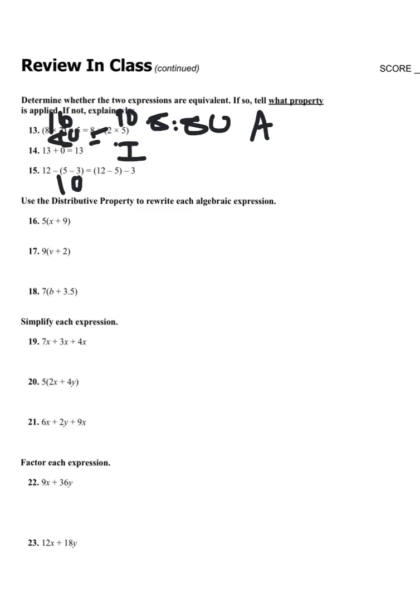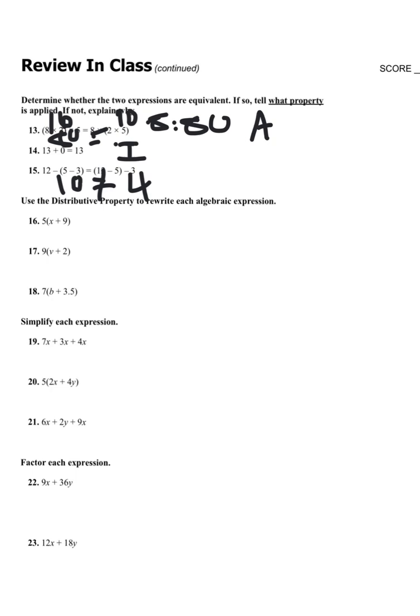So this side of the equation is 10, and then we'll look at the other one. 12 minus 5 first, because it's in parentheses, which is 7. 7 minus 3 is 4. Are 10 and 4 equal? No, not equal. So we use no specific property for that.